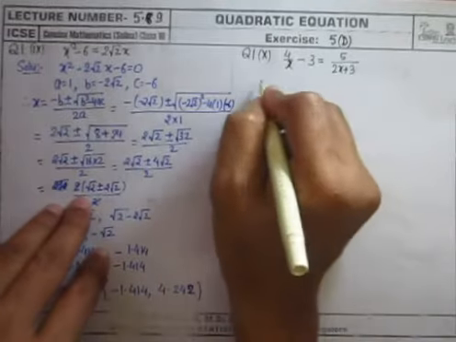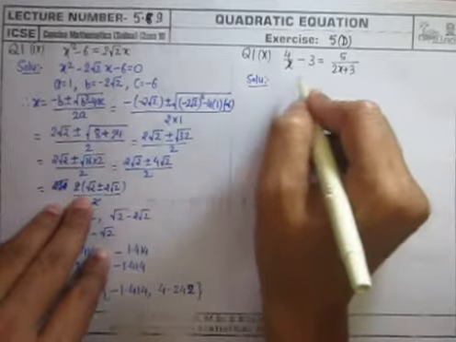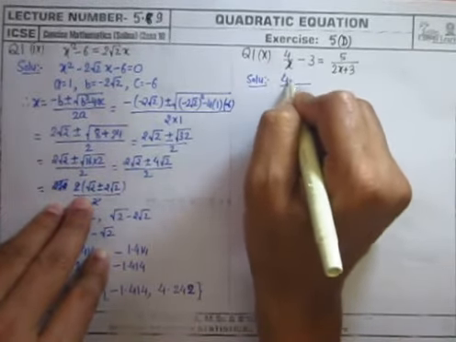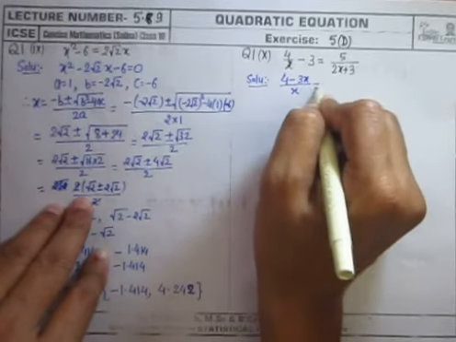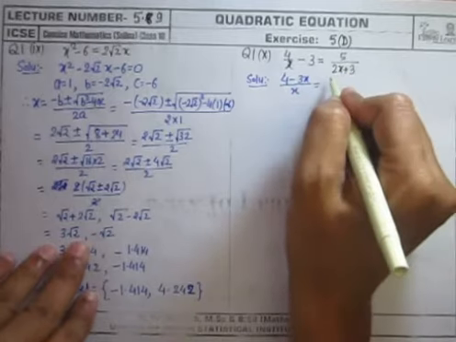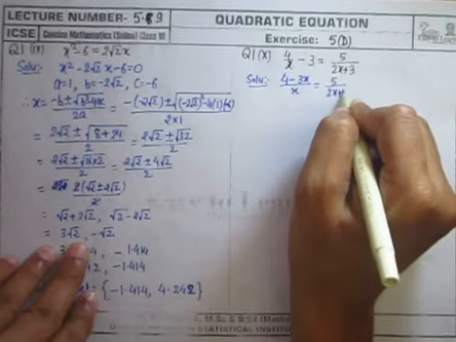So first of all, arrange this equation in general form. So here LCM is x, it will be 4 minus 3x is equal to, now here it will be 5 by 2x plus 3.